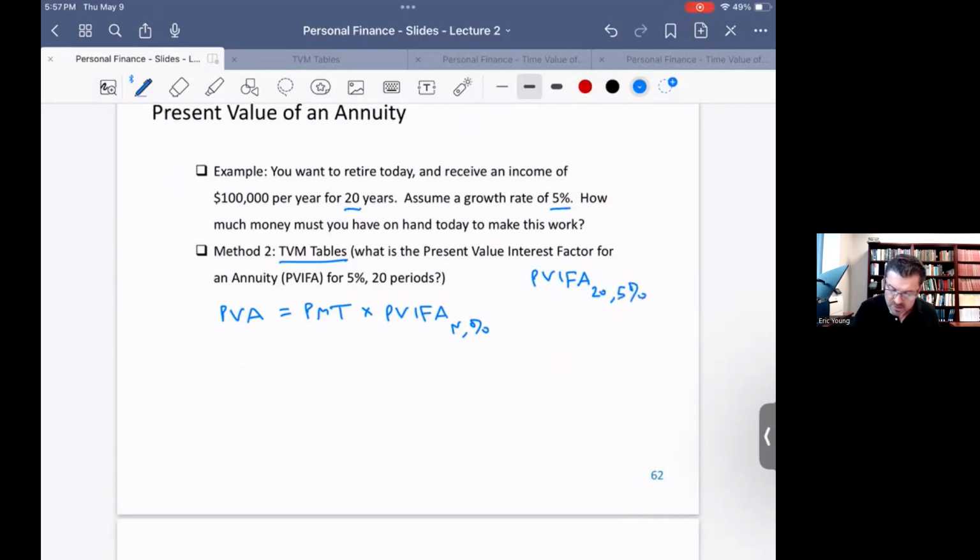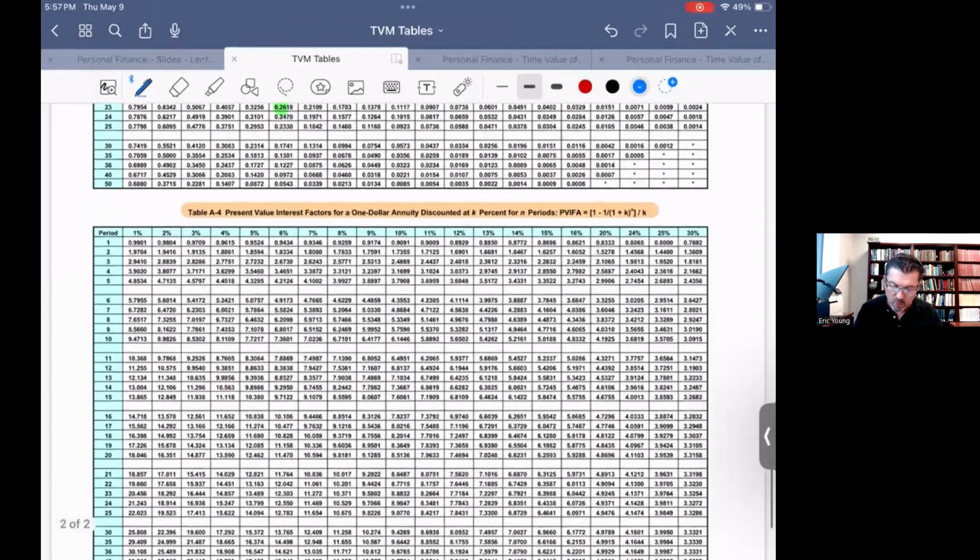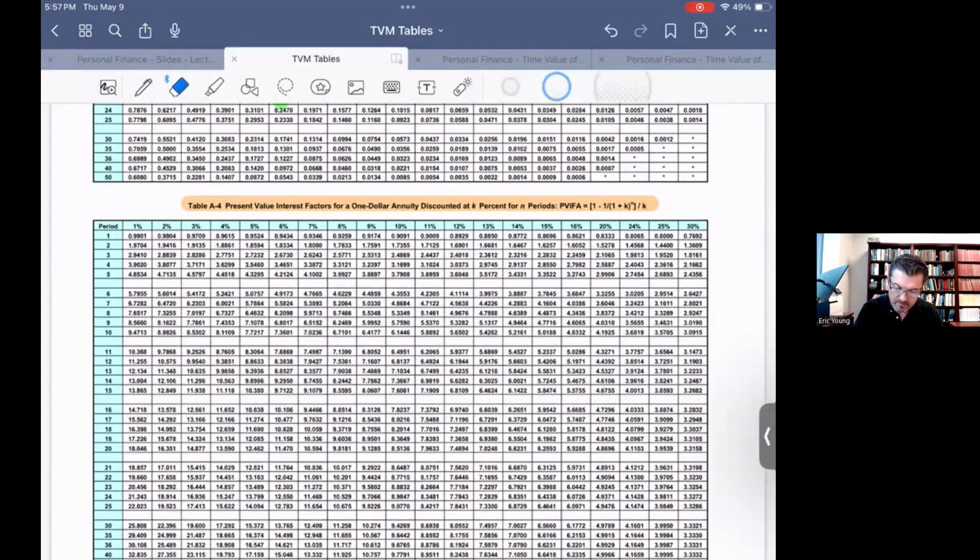So we go to our tables, 20 and 5. This is going to be table A4. The present value interest factor for an annuity.